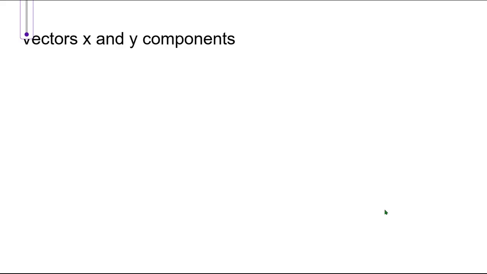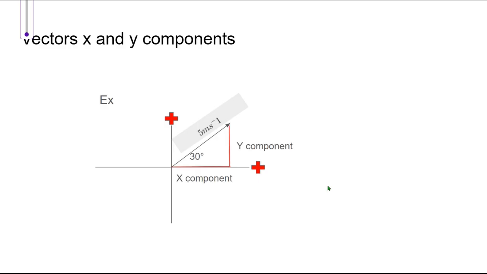Now, the second way of defining vectors is by finding the x and y components of the vector. So, for example, let's take this vector that makes a 30-degree angle with the x-axis. Now, we can draw two imaginary lines, like so, from the origin, and make a right angle triangle. These two lines are now what we call the x component, or the horizontal component, and the y, or vertical component of the vector.